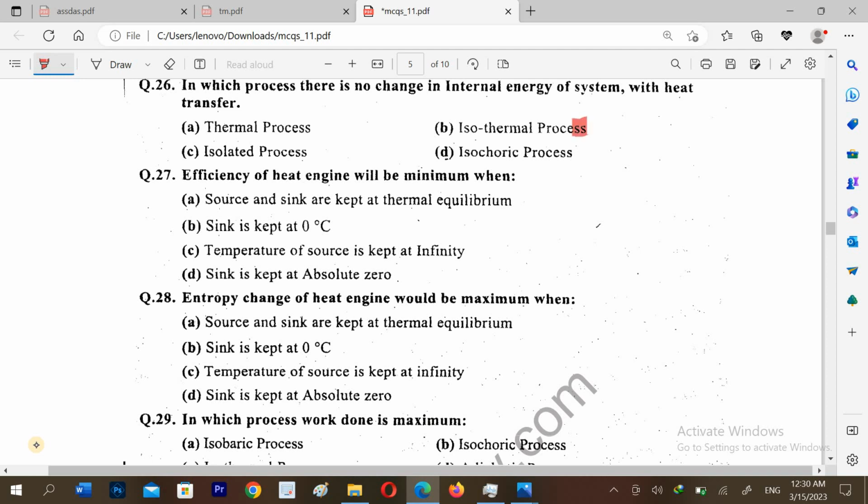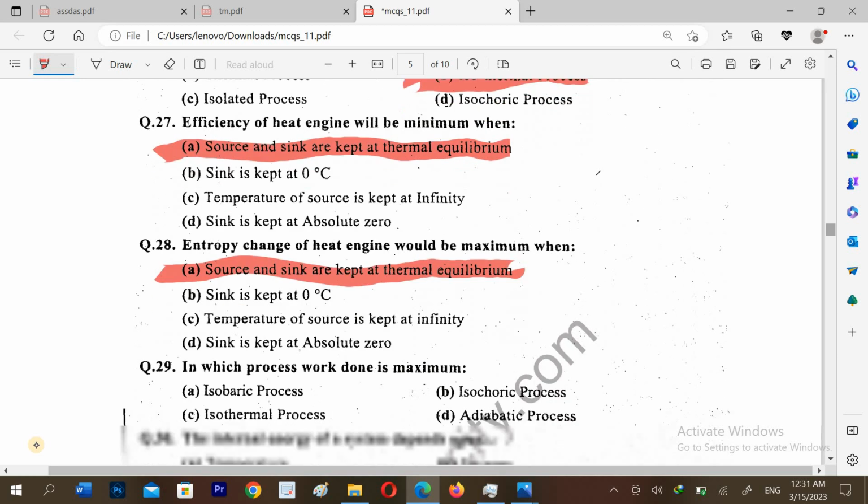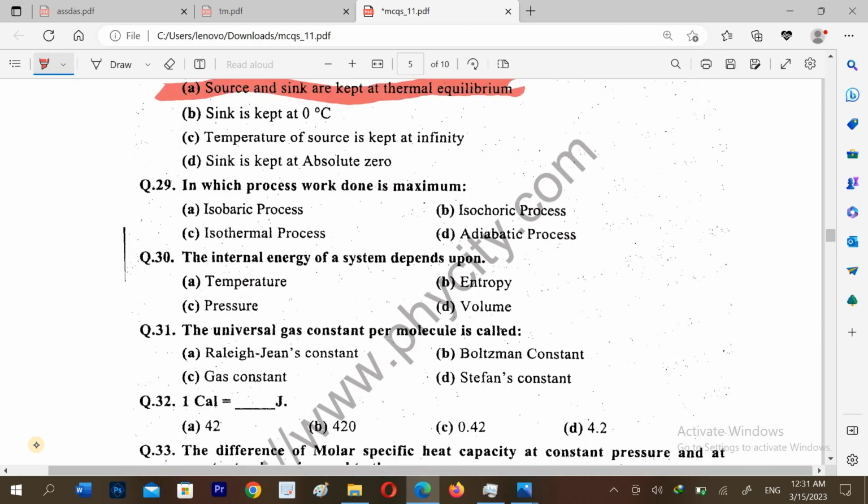B. Efficiency of heat engine will be minimum when... A. Entropy change of heat engine would be maximum when... A. In which process work done is maximum? C.